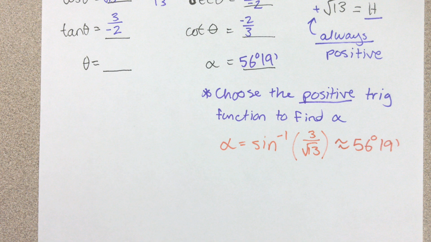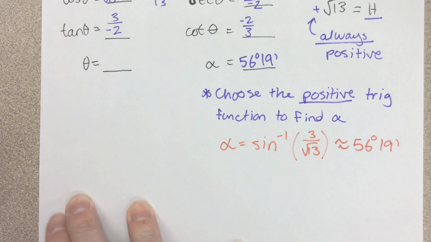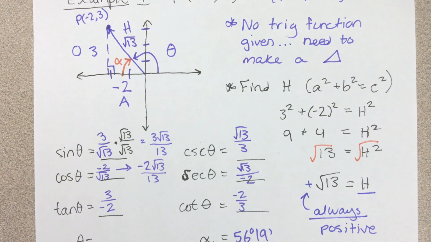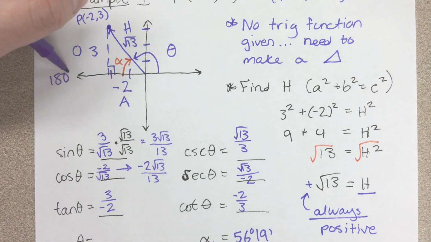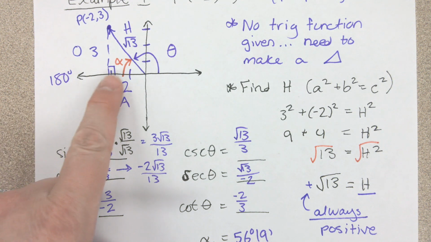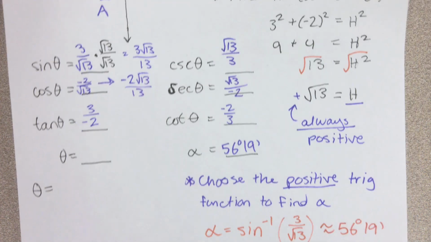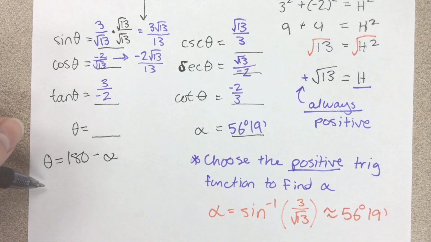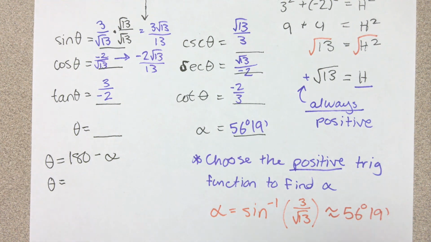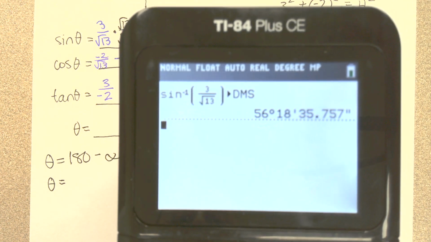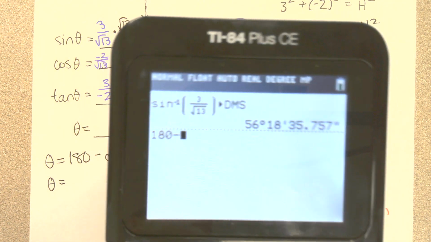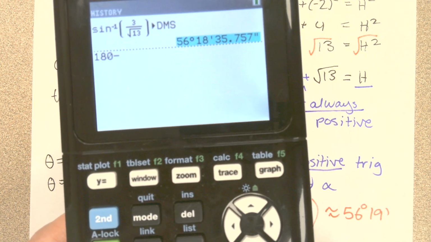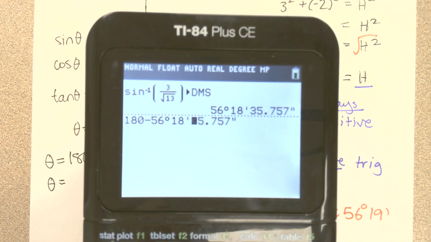And lastly, we can find theta. We are in quadrant 2. Helps to recognize that the left side is 180. So 180 minus the alpha will get us theta. And if I haven't been clear before on the copy paste, I just arrow up, highlight that, enter on it, and it'll paste it on the next row.